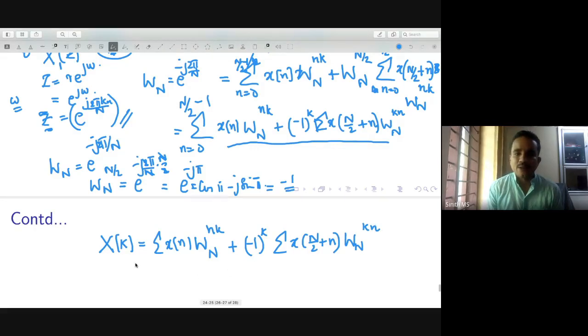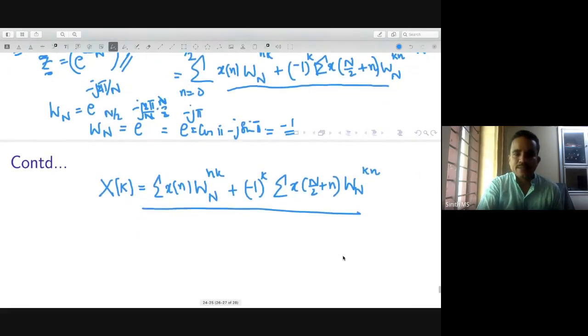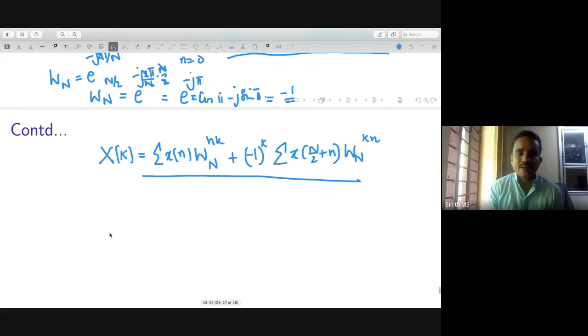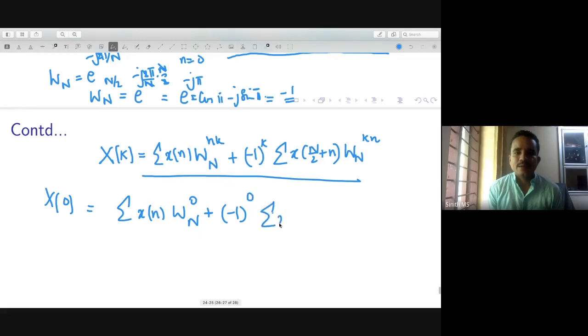Okay. Now suppose you try to implement this. What will you get? Suppose you want to find x of 0. In this case, this will be xn Wn raised to 0 plus minus 1 raised to 0 sigma x of n by 2 plus n Wn raised to 0, k is 0 here.